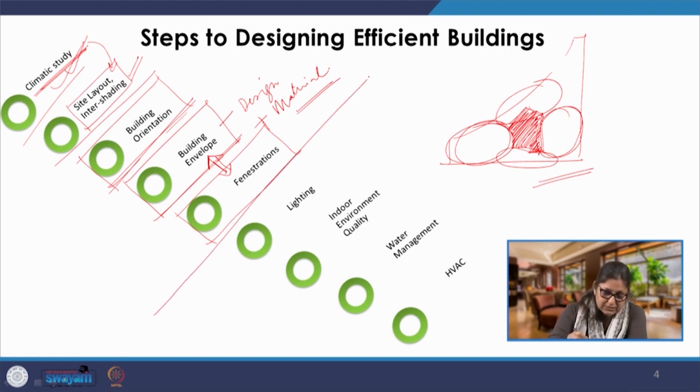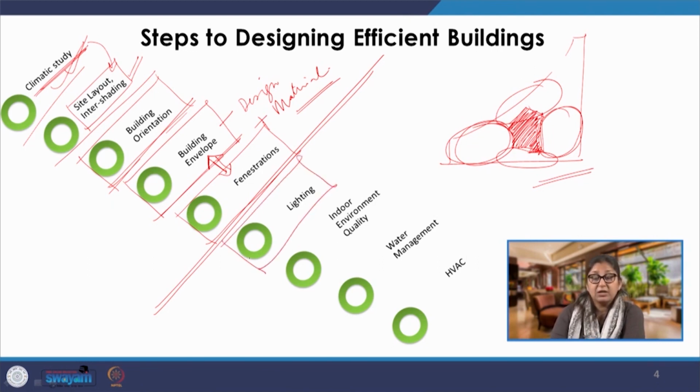Up till this, we are largely talking about passive design only. We are not talking about any active measure. Once we have done all the passive designing, that is when we look at the lighting systems. So, what type of lighting? So, day lighting we have already taken care of when we designed fenestrations, but now additionally supporting the lighting, artificial lighting, depending upon the purpose.